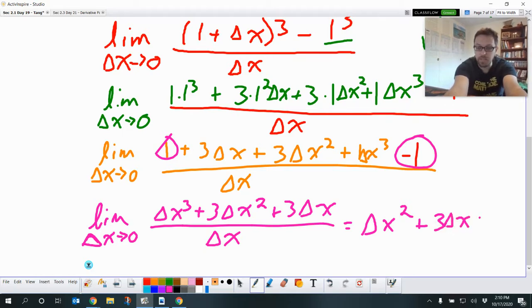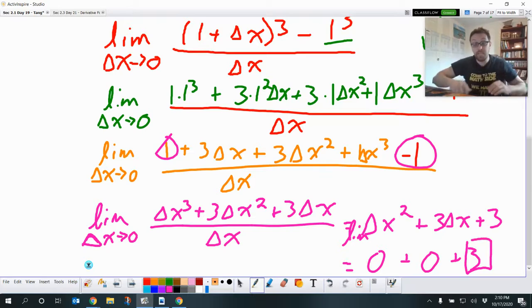Sorry, my brain kind of stopped for a second there. And this is still a limit. So plug in your limit and we get 0 plus 0 plus 3. So the slope of the tangent line when x is 1 should be 3. That is the slope of our tangent line.